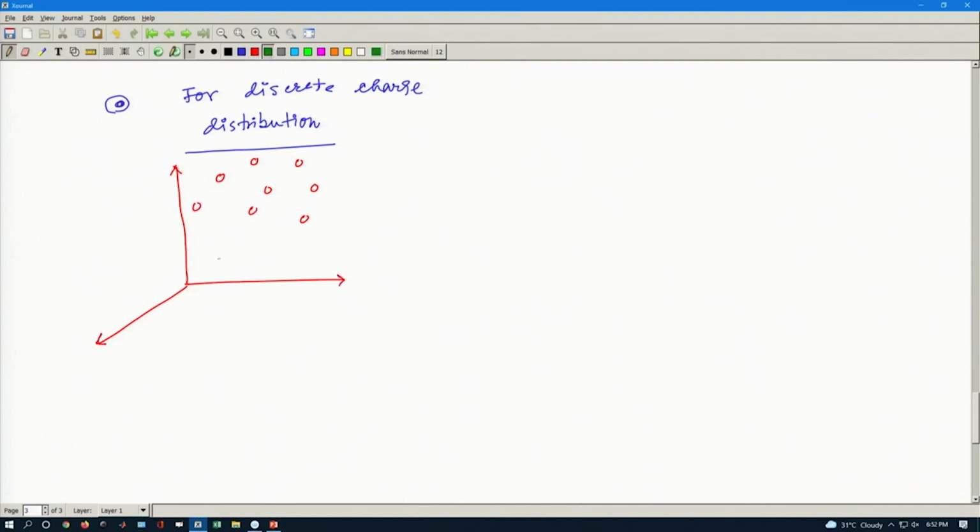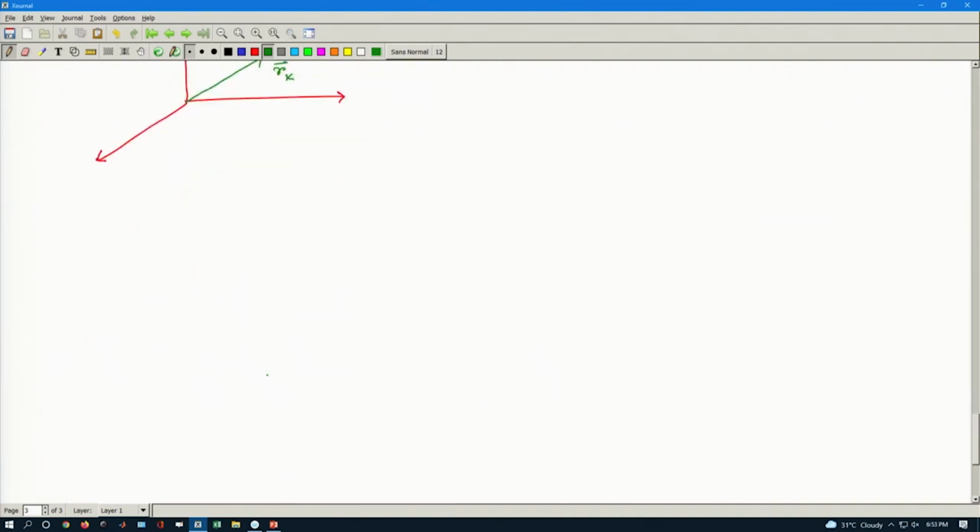This is the qk-th charge, and the location is rk. Similarly, you have q1, q2, q3 and so on. If that is the geometry of the charge distribution, then one by one let us write.